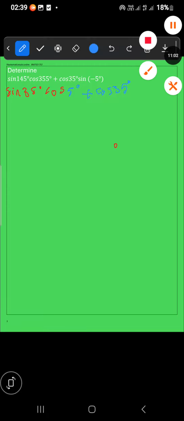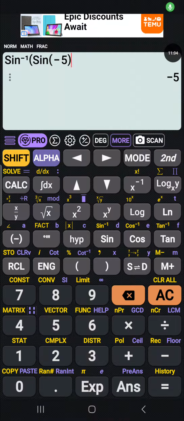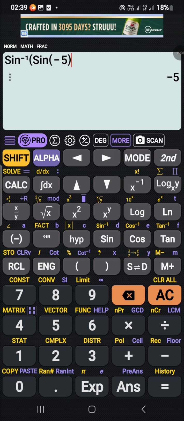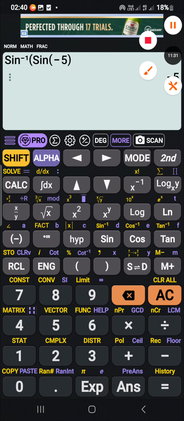So I'm going to reduce it. So when you reduce it in the calculator, you get negative 5, meaning the trig ratio is negative and the angle is positive. So the sign on this 5 here, on the answer, is assigned to the trig ratio itself.